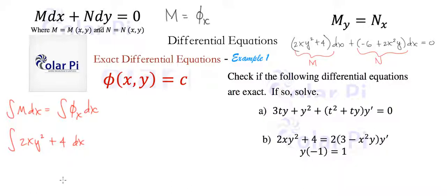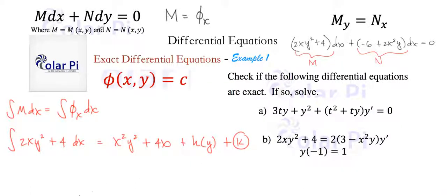Okay, cool. All right. And so we go ahead and integrate, and when we do, we're going to get x squared y squared, and then plus 4x, and then plus some function, let's call it h of y, and then plus some constant k.